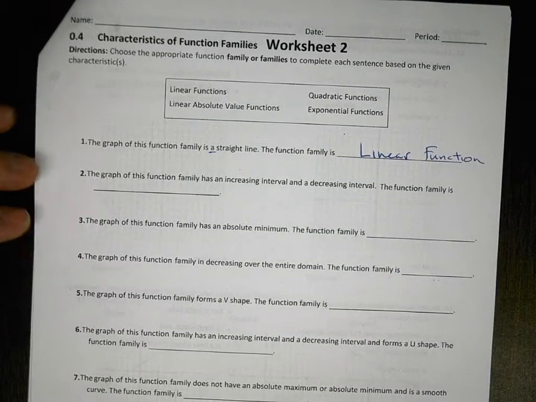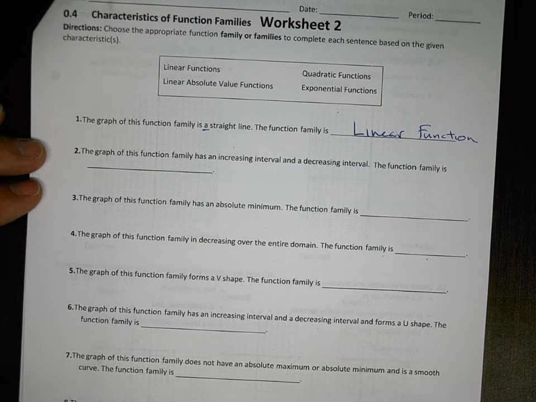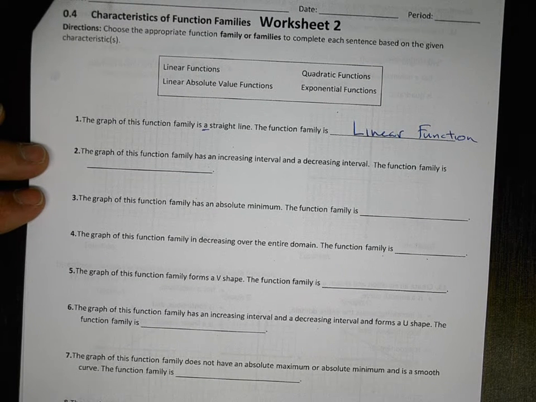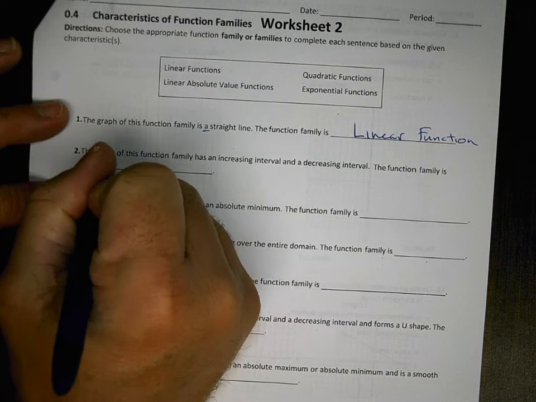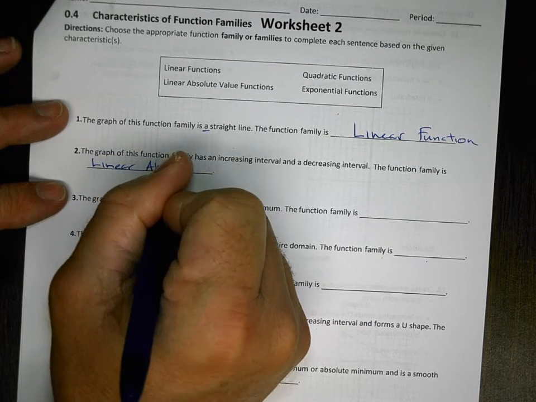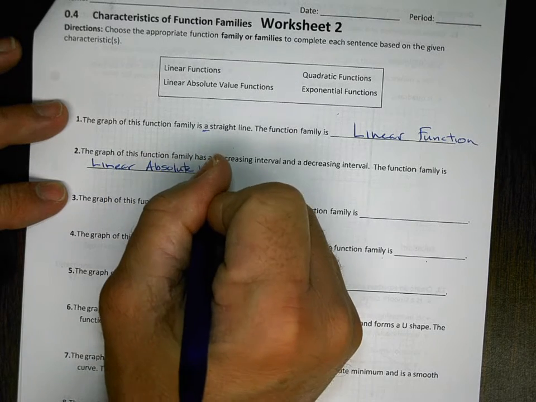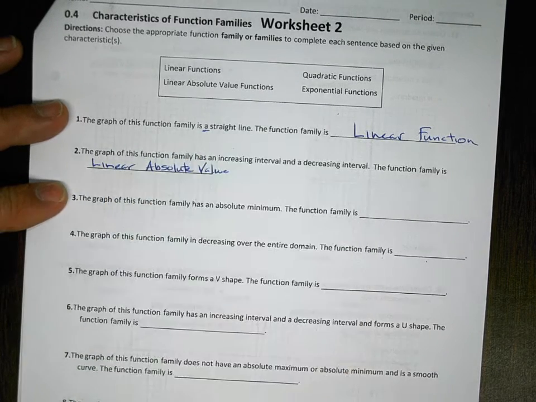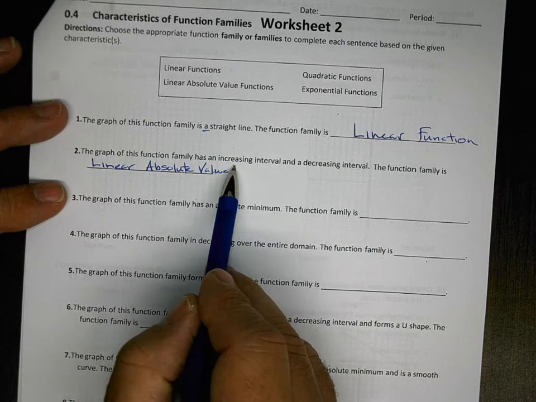Okay, number 2. The graph of the function family has an increasing interval and a decreasing interval. The function family is linear absolute value. Okay. It has an increasing interval and a decreasing interval.